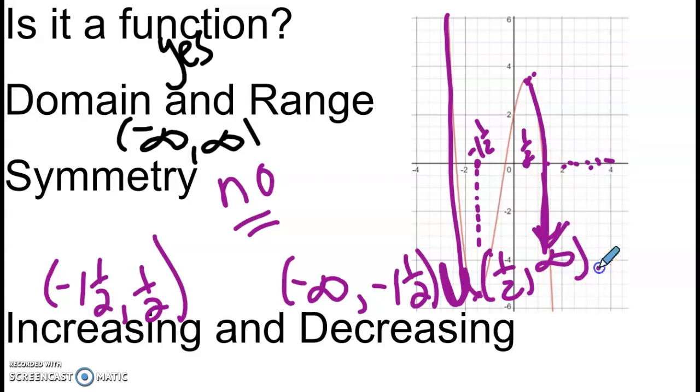X is getting bigger and bigger. Y is way down here. I don't even know where. Okay, it's way off my graph. But I'm talking about the x-axis. So from the time x was -infinity until x was -1.5, my function was decreasing. Also, from the time x was +1/2 and until x is infinity, it's always going to be decreasing from there to there.